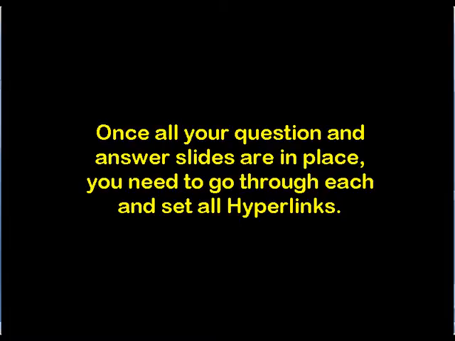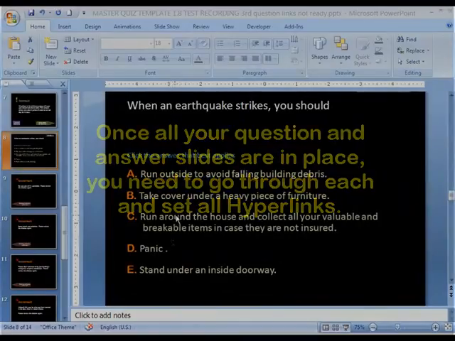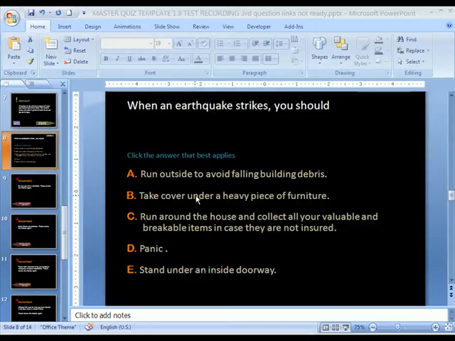I do want to point out that on this one where you're doing multiple choice questions, and I'm having a different answer for each one, I do have to link each text line to a different slide. This does take more work because on each of those slides you also have to correct the hyperlinks, but sometimes it's more effective to get your point across.